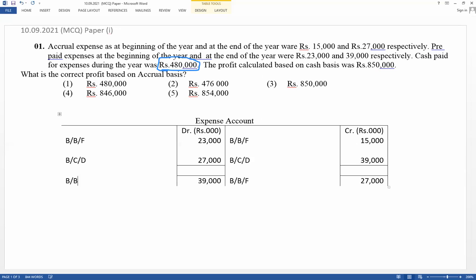But under the cash basis, the value paid in cash is already considered as expense. Now, paid in cash equals 480,000. Cash account credit, expense account debit. Therefore the expense account is debited 480,000 as cash.